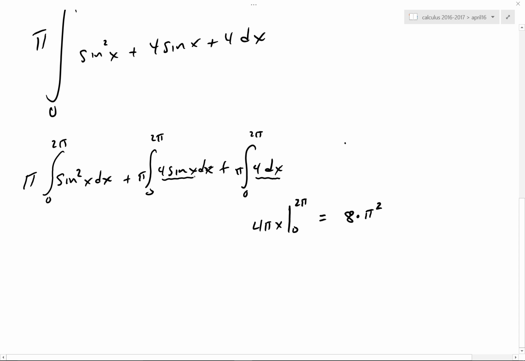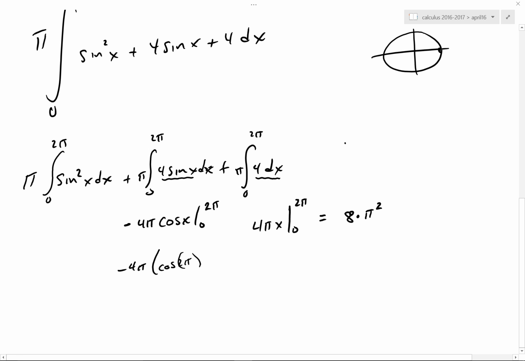All right. Where did sine come from? From whence did that derivative come? So it's going to come from negative 4 pi cosine x, yes? From 0 to 2 pi. What is the cosine of 2 pi? Where's 2 pi on our circle? Right here, yes?